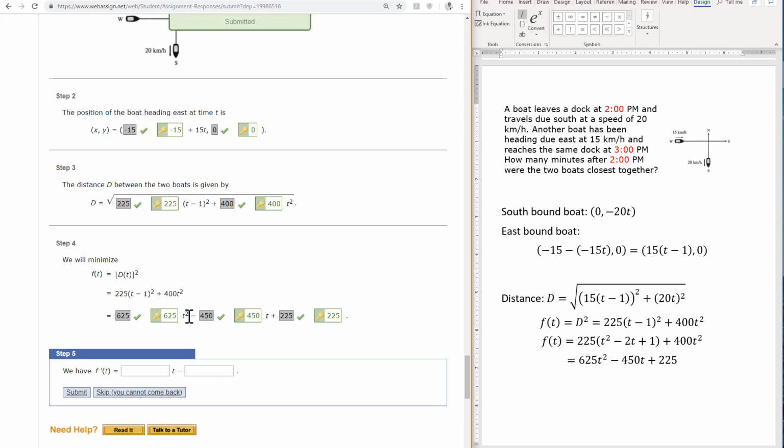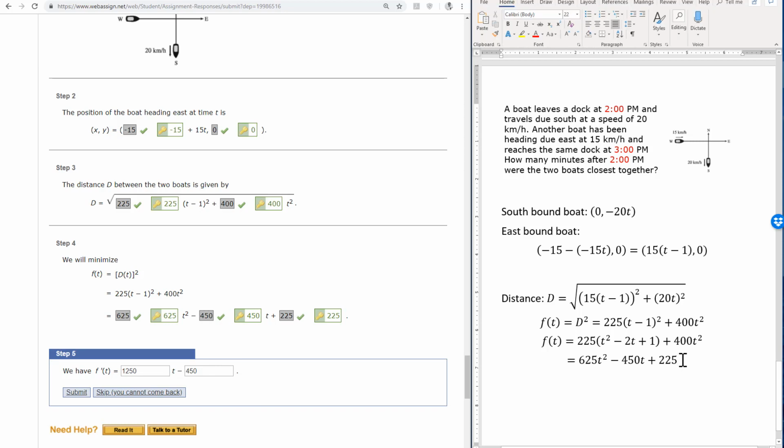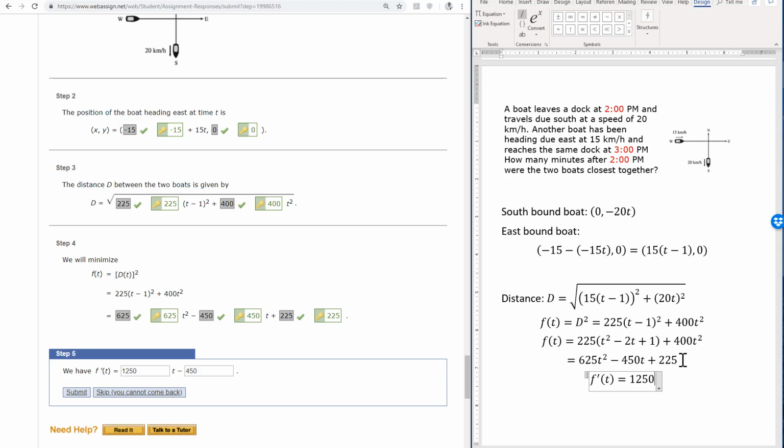We could take the derivative of this quite easily. That would be 1250t and then minus 450. So let's put that in our notes over here. We have f prime of t is going to be 625 times 2 times t, and then minus 450.